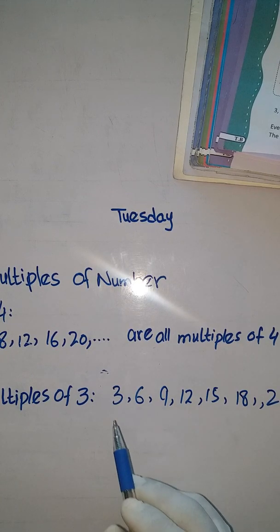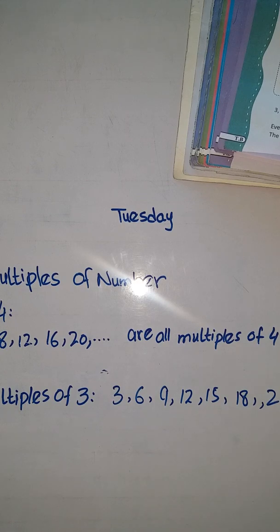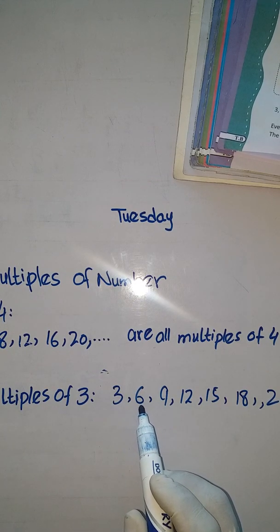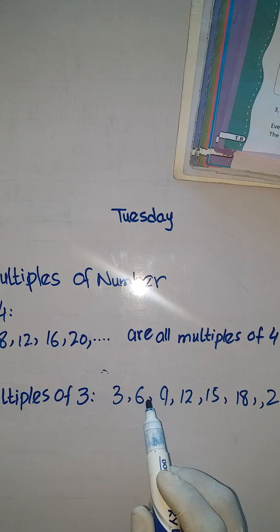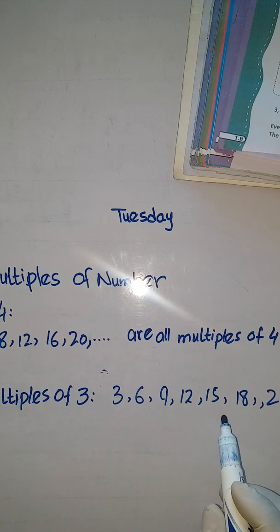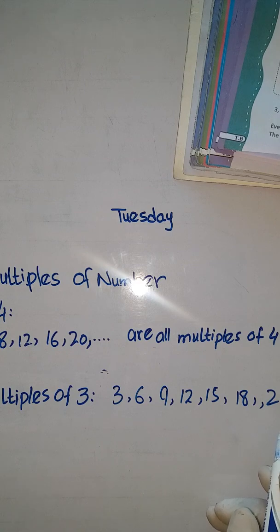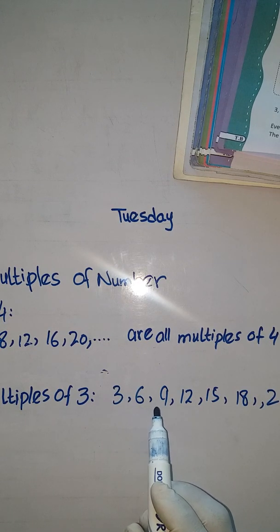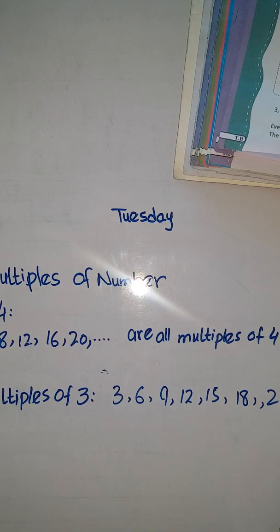3 is a multiple of 3. Next is 6. Next 9. If you add 3 to 3 you will get 6. Again add 3. By adding the number itself each time we can write the multiples of a number.